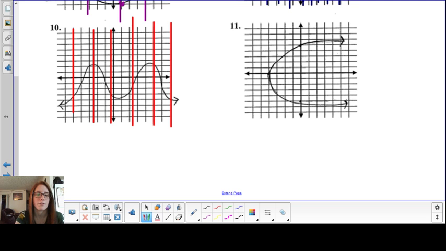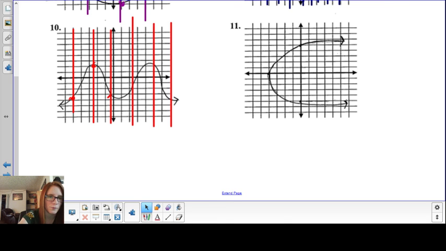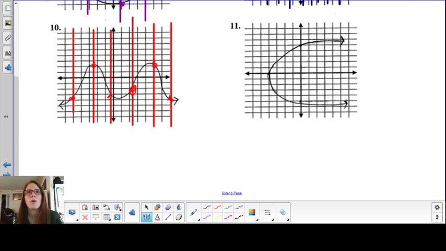Function or not a function? Drawing dots in here. Well, I'm only seeing it hit once. So in this case, this wave, I don't know what kind of a wave, but it's a wave, is a function.